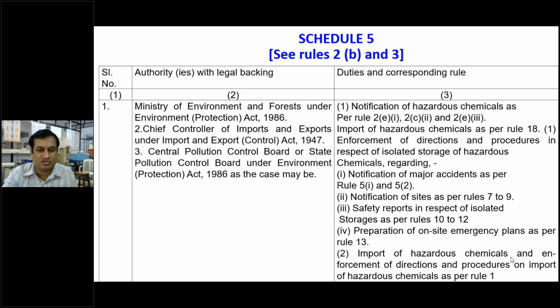Imports of hazardous chemicals and enforcement of directions and procedures on import of hazardous chemical as per rule 1. So all these are the various duties of these authorities, right? And likewise there are various authorities, and various duties and corresponding rules are mentioned under the schedule 5. I have mentioned only one.